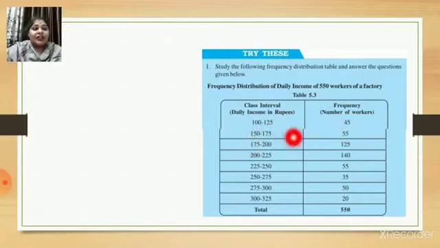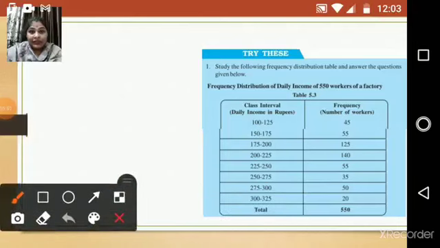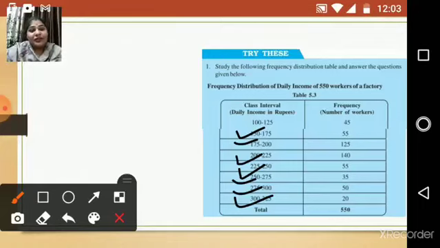For a daily income of 150 to 175, it is 55. So this is the first class, second class, third class, fourth class, fifth class, sixth class, seventh class. And if you observe here, the width and size of the class is the same, that is the difference between the upper class limit and the lower class limit.